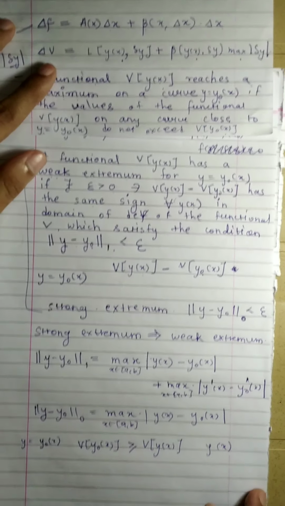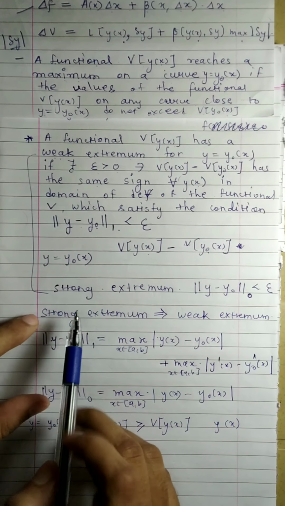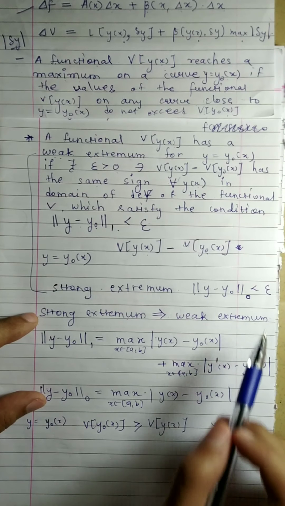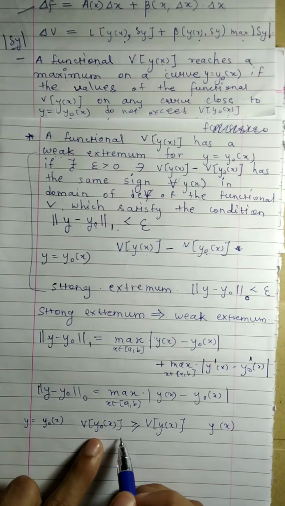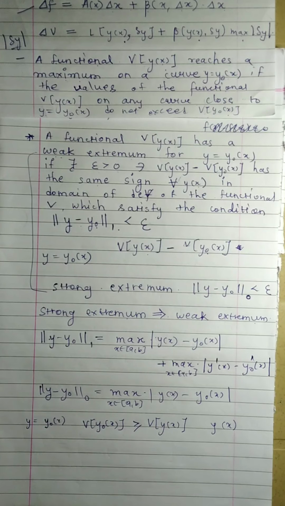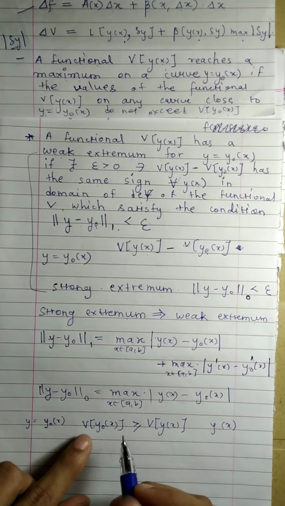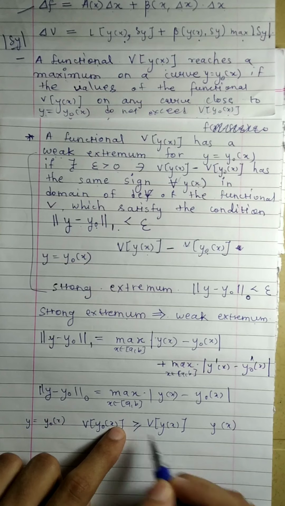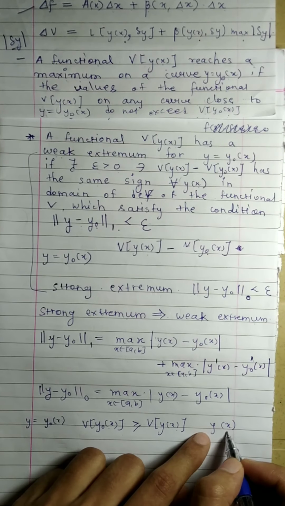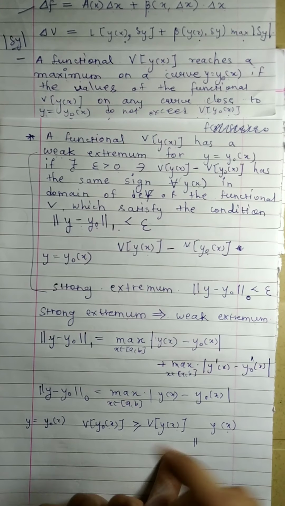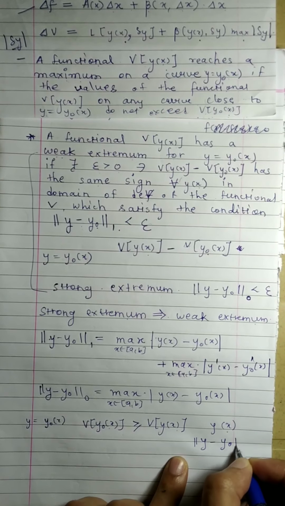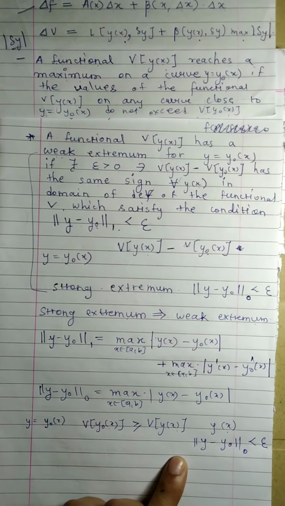What we want to say is that strong extremum will imply weak extremum. So v[y naught] is greater than or equal to v[y] for all the curves y of x satisfying the norm. It's a strong maximum, so what will be the condition? They will be satisfying this norm.